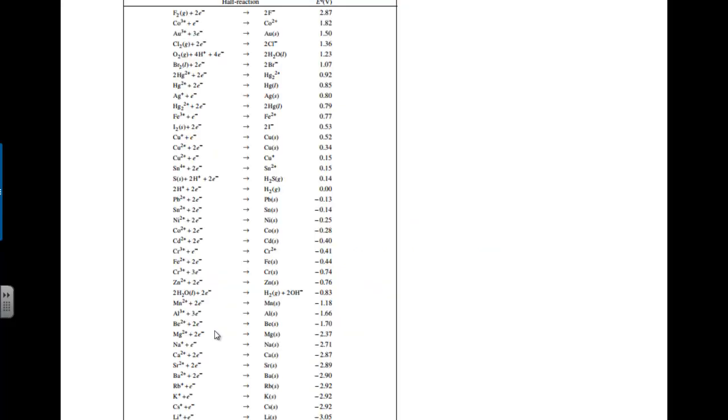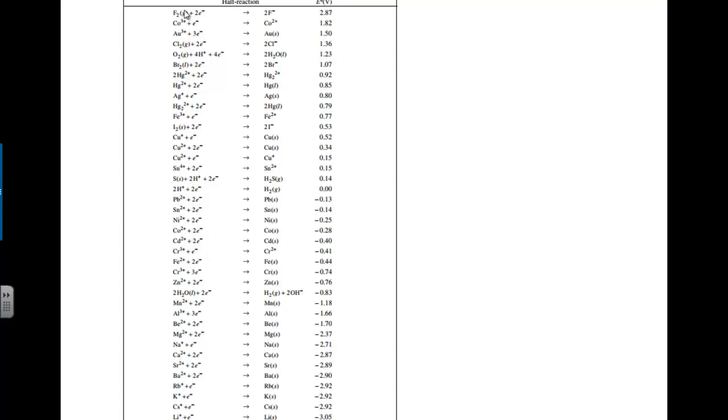Alright, so on the back of your periodic table you will see a table of standard reduction potentials. Now these are just reductions, they are not oxidations. So they're listed from high to low reduction potentials. So in order to figure out how much voltage is being generated from an electrochemical cell, a galvanic cell, you need to be able to read this table.